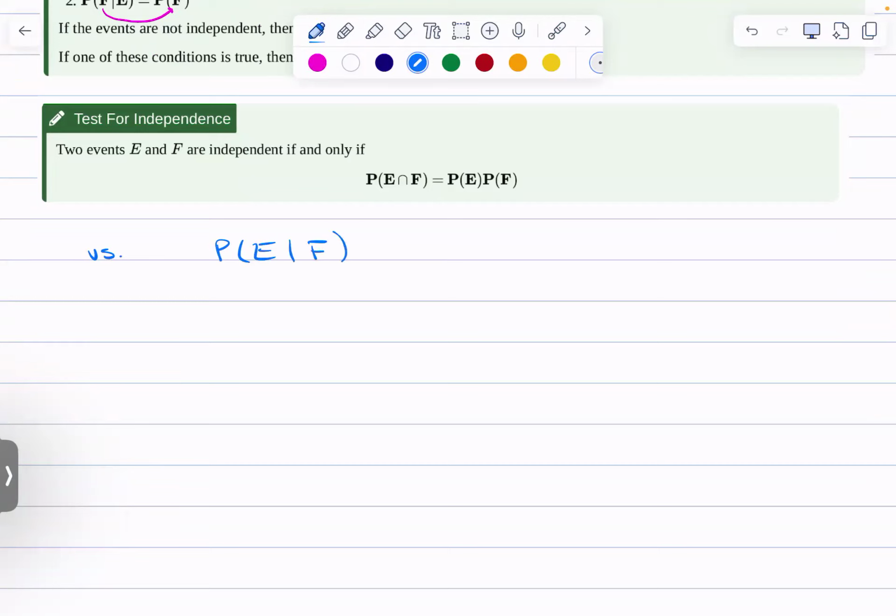How we usually use this formula, if I had to solve for the probability of E and F, I would need the probability of E given F, which is the probability of E and F divided by the probability of F. Now, if I want the probability of E and F, I can multiply both sides by the probability of F, bring that over here.